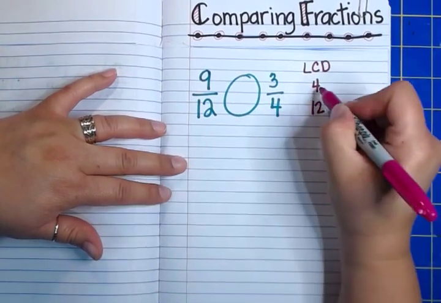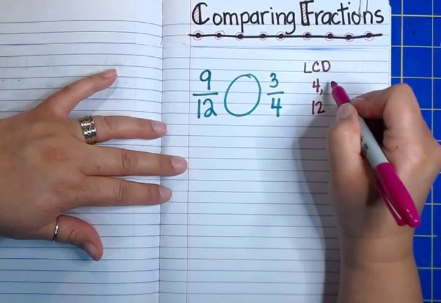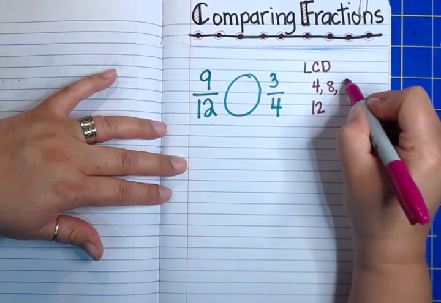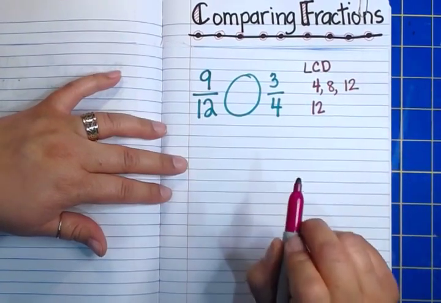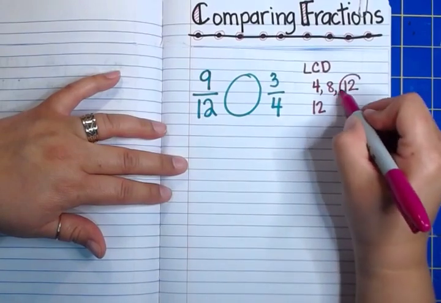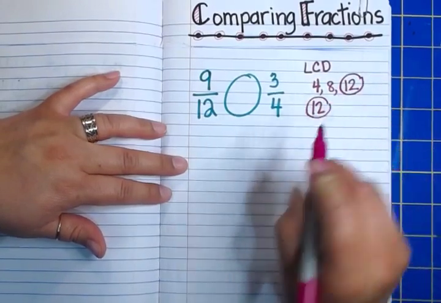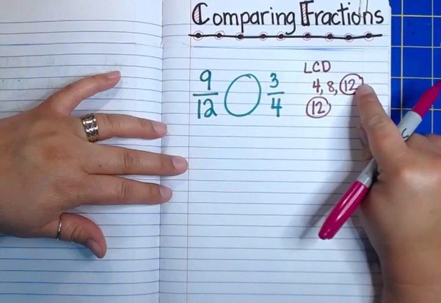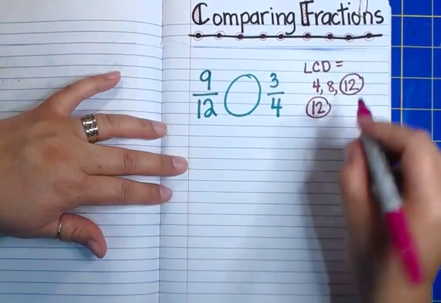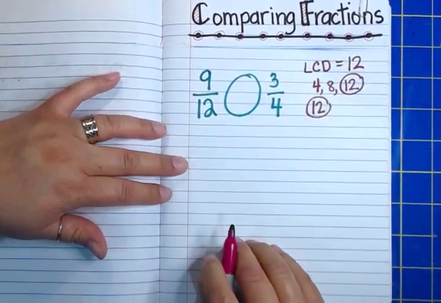That's the smallest one. So this would be 4, and counting by 4s, 8, and 12. And I'm going to stop right there because I see that this 12 and this 12 is the number they have in common. So the lowest common denominator here is 12.